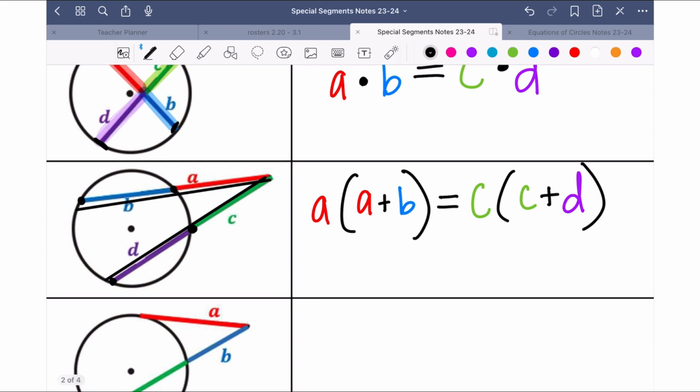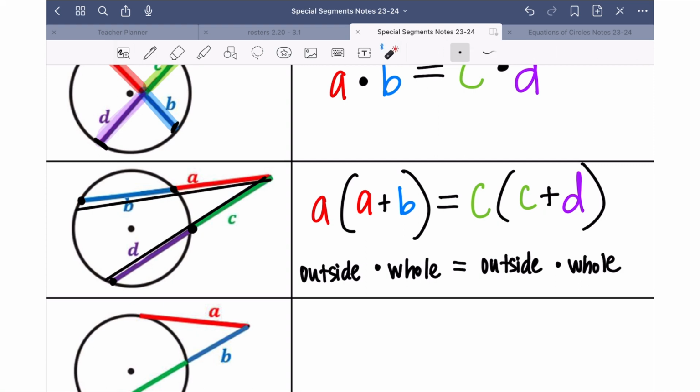Just so you don't forget, the outside portion times the whole segment should equal the outside portion times the whole segment for the other one. And that's essentially what the formula is. The outside portion times the whole thing, the outside portion times the whole thing, C and D, A and B.